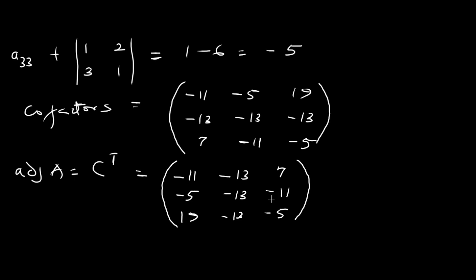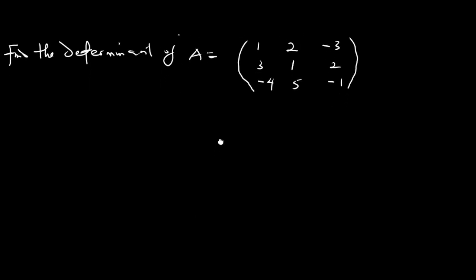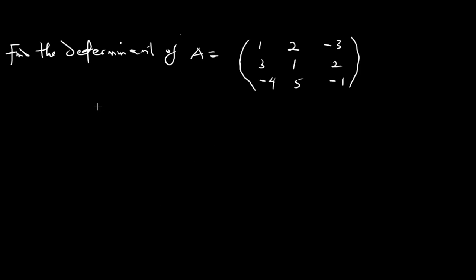Next thing to do is to find the determinant of the matrix. Alright, so the next thing we need to do now is find the determinant of the matrix A. And it's going to be quite simple since we already know our cofactors.